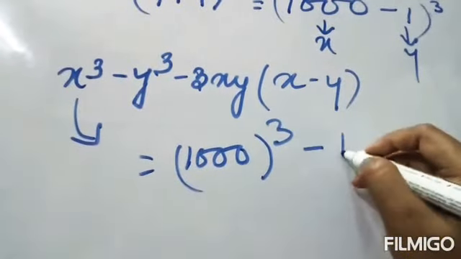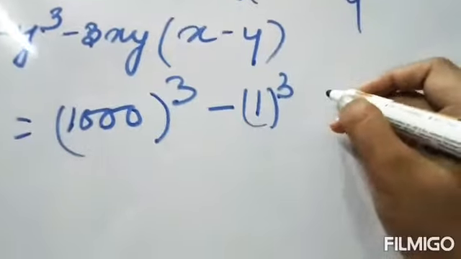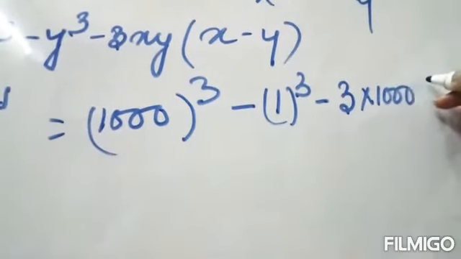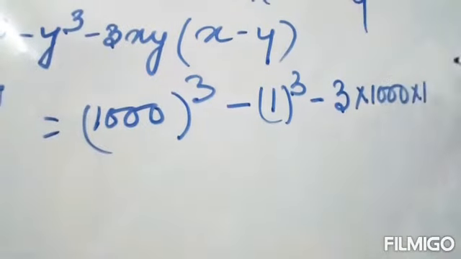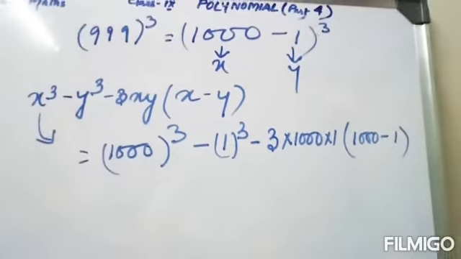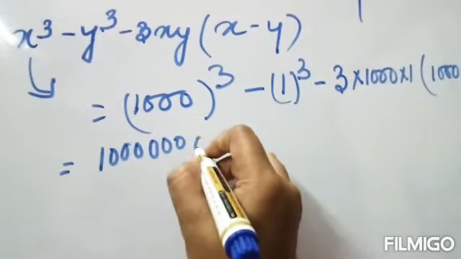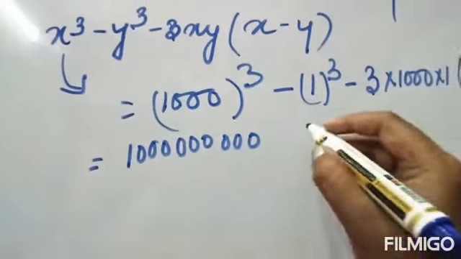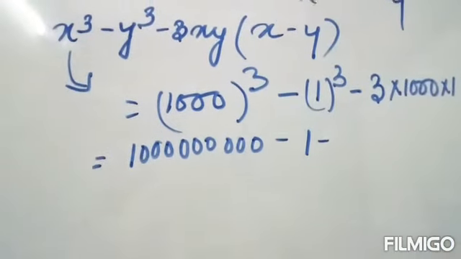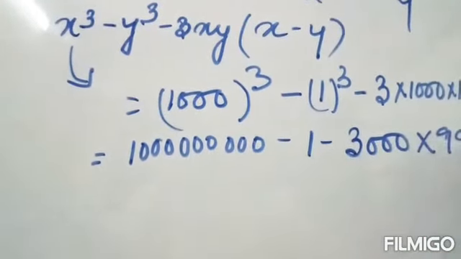So using this identity, what can we get? 1000 cube minus 1 cube minus 3 into 1000 into 1 into (1000 minus 1), which means 1000 cube is this only, minus 1, and this one if we solve we'll get minus 3 into 3000 into 999.